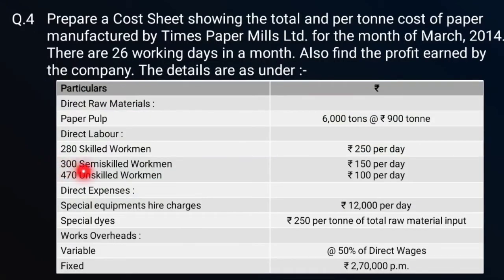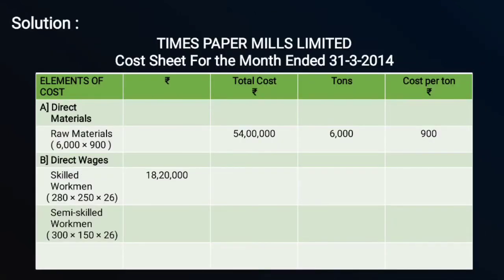Next, 300 semi-skilled workmen, rupees 150 per day. So we'll record it under direct wages. Semi-skilled workmen 300 into 150 into 26, that is number of working days. So the amount will be rupees 11,70,000.